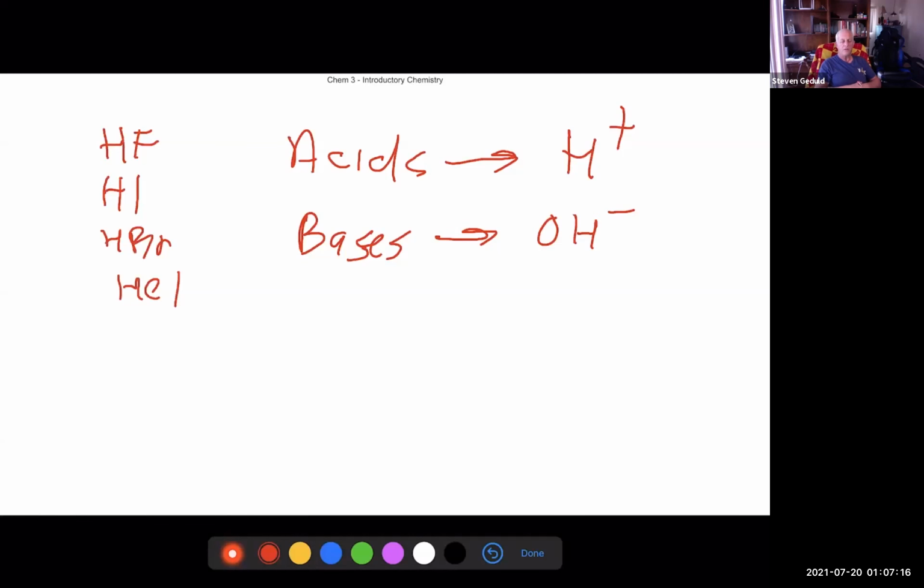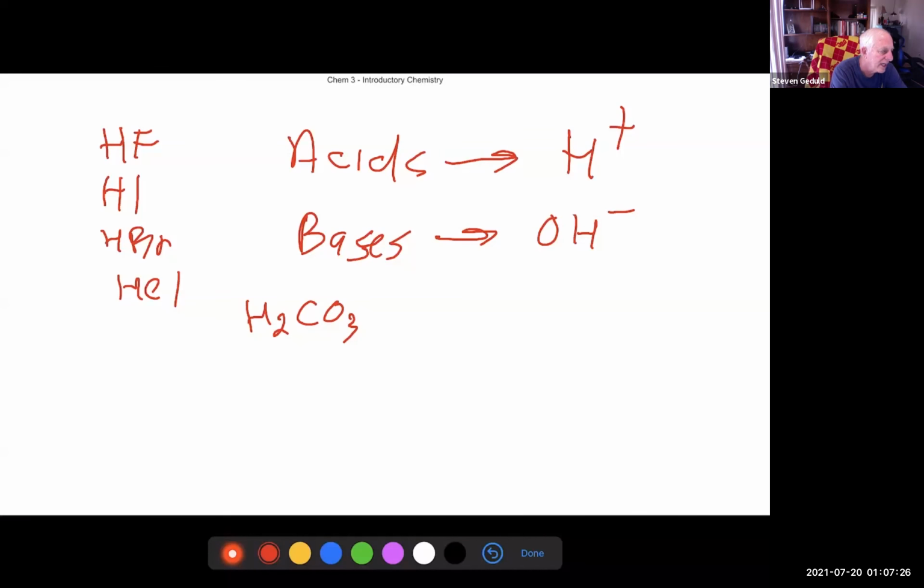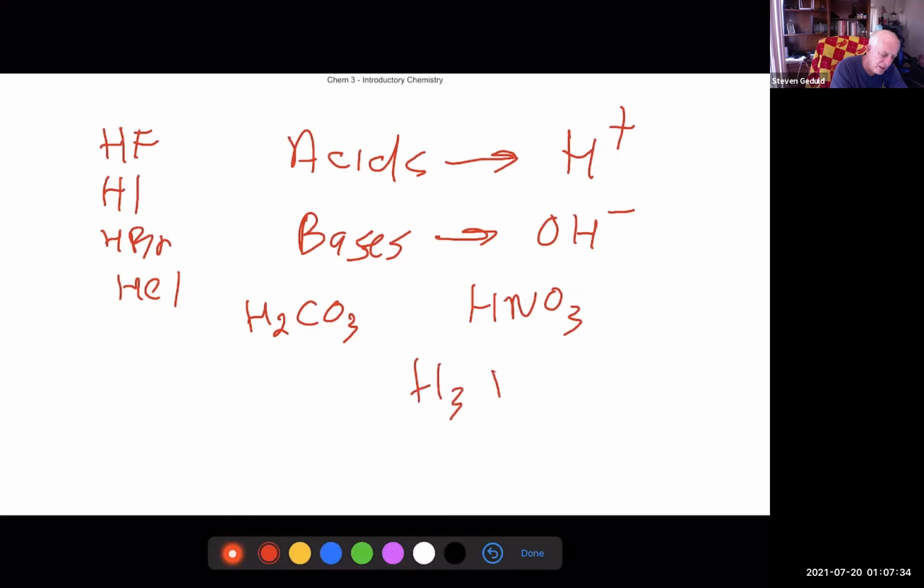Whenever you write an acid, you write the H first. So carbonic acid would be H2CO3. Carbonate ion is CO3 2-. Nitric acid, HNO3, nitrate ion. Phosphoric acid, H3PO4, phosphate ion. Remember, phosphate has a -3 charge.